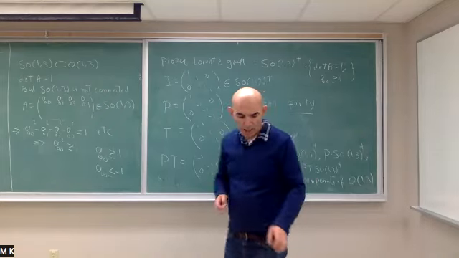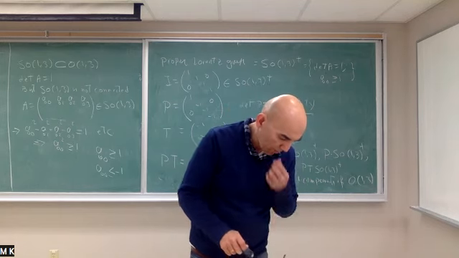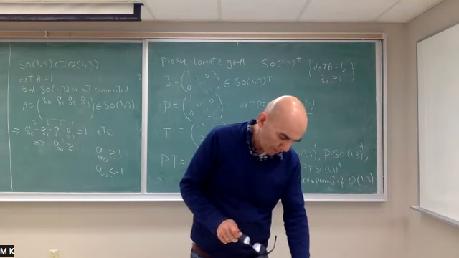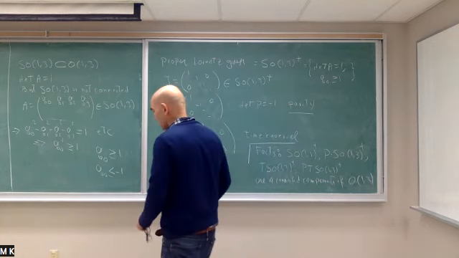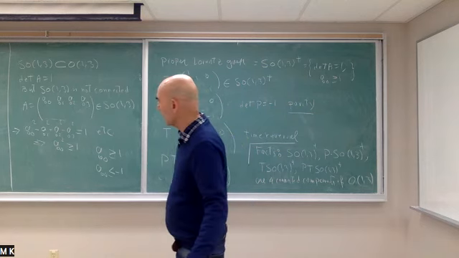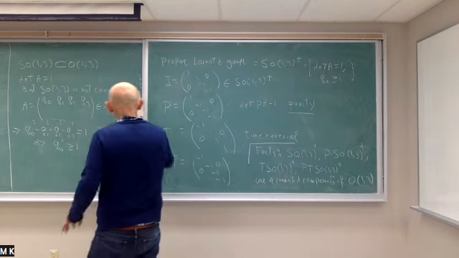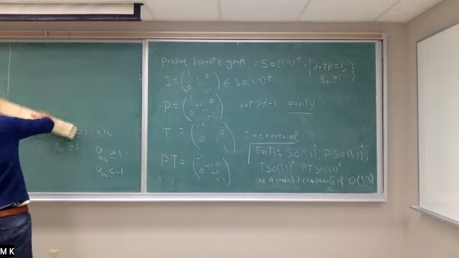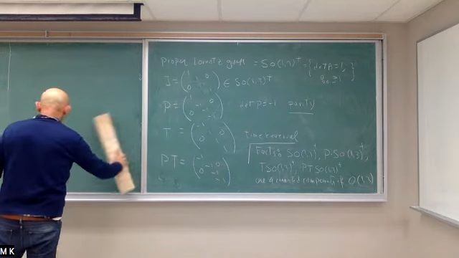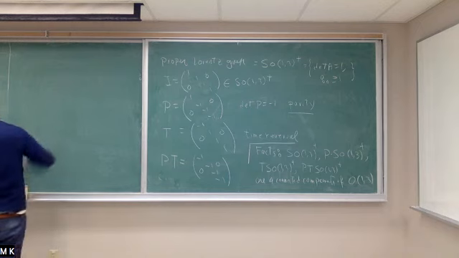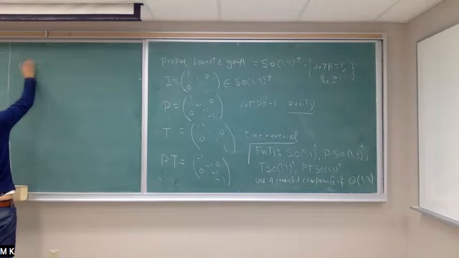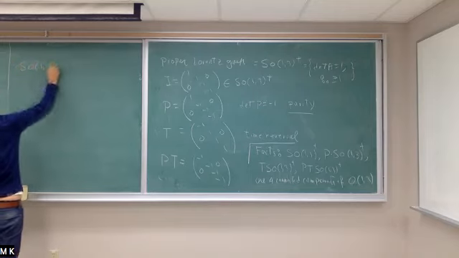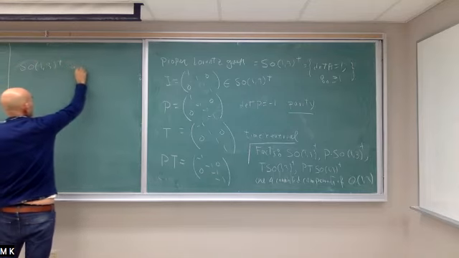Okay, for now I have said enough about the Lorentz group. This group is not compact. Actually, the connected component of identity is not compact.